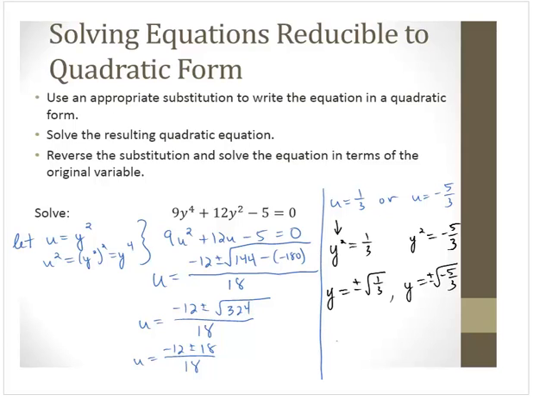So we would write our solutions as y equals positive or negative square root of 1/3, and y equals positive or negative root 5/3, and then we have to have that i. So there are 4 solutions to this equation. 2 of them are real, and 2 of them are imaginary.